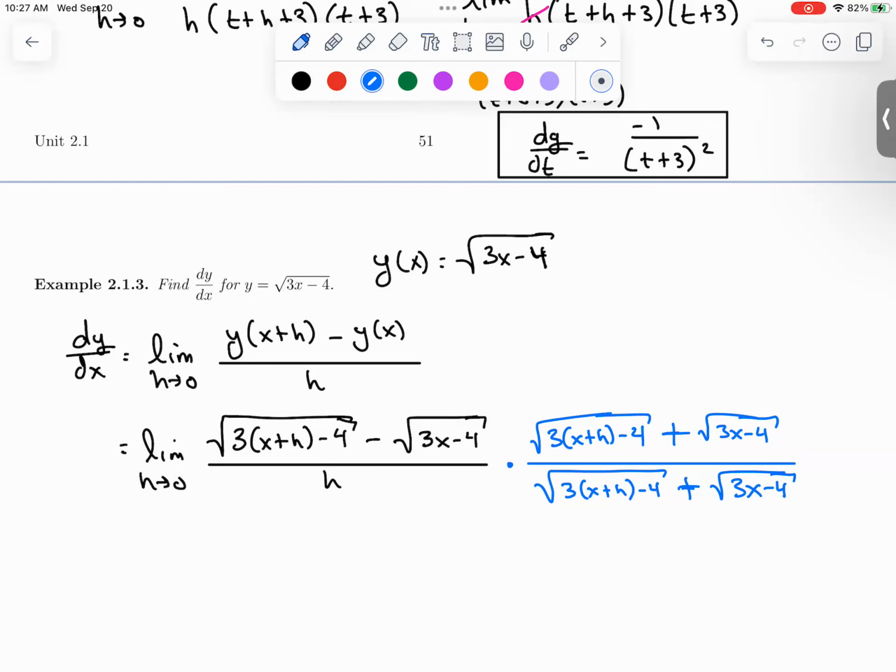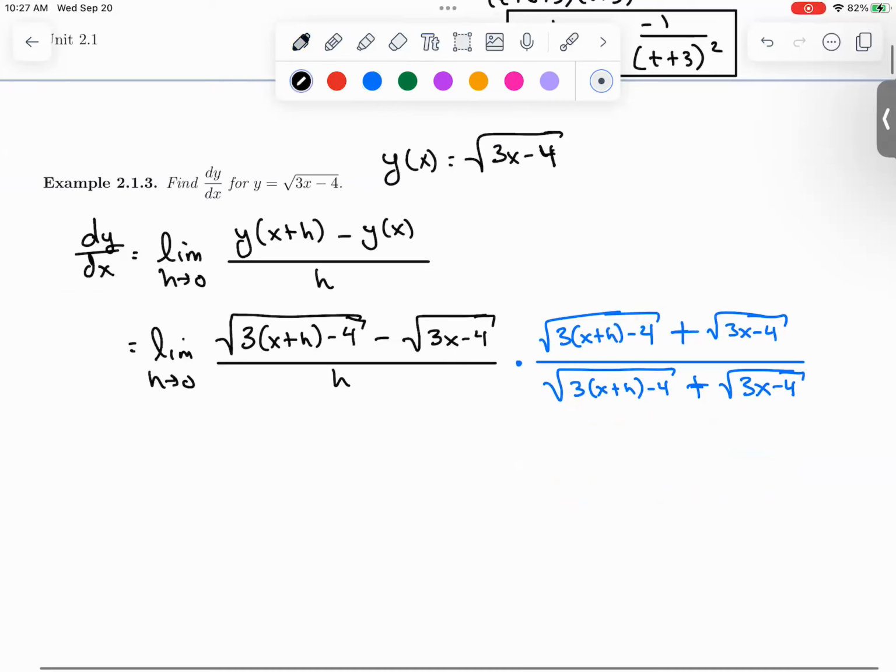But by doing that, yes, we could FOIL it out, but you don't have to. Remember, this is that thing: a plus b times a minus b gives you a squared minus b squared. So by multiplying by the conjugate, it's just going to get rid of those square roots in the numerator.